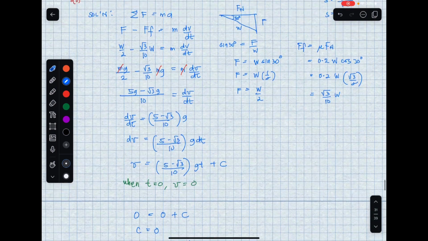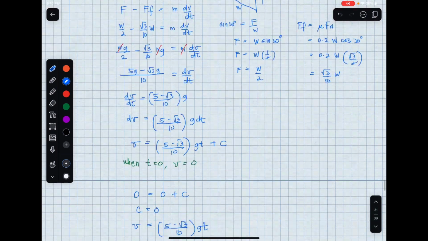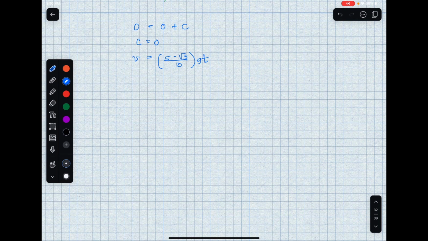Now we need to find the time when s is 200. But v is the same as ds over dt, right? So velocity is the first derivative of the displacement with respect to time. So ds will be equal to 5 minus square root of 3 over 10 gt dt.